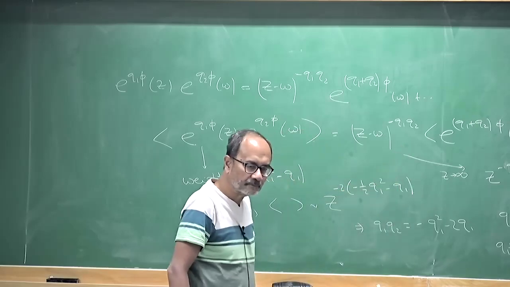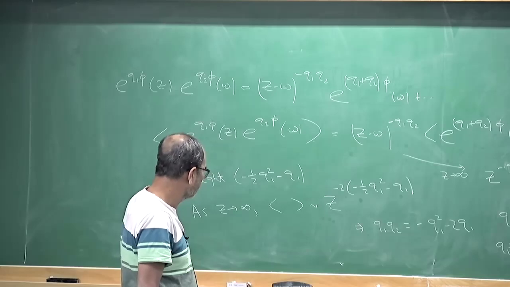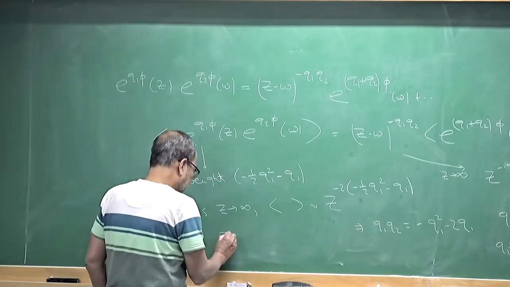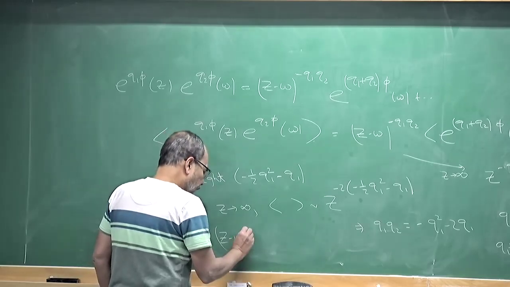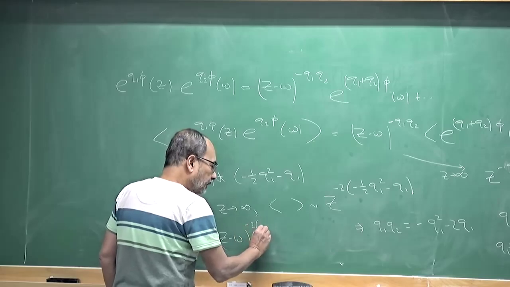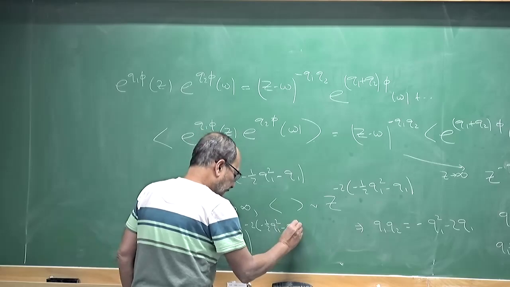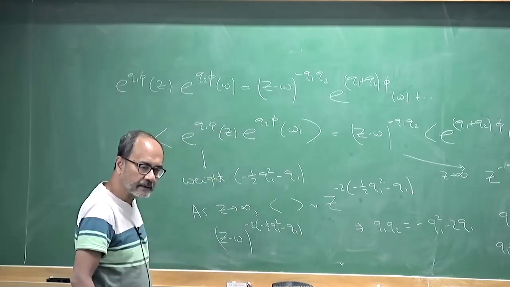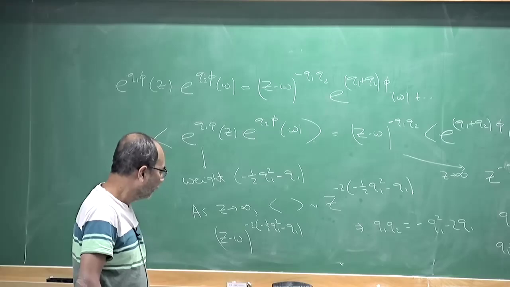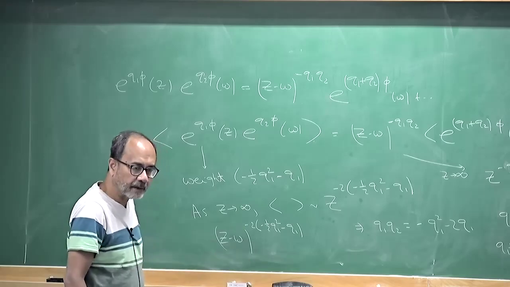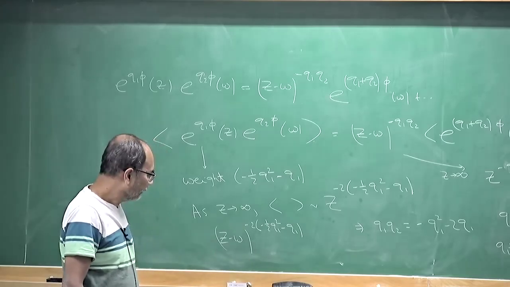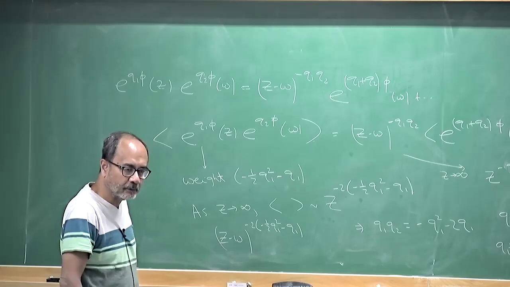A general 2-point function has the structure z minus w to the power minus 2 h1. No, not at large z, a 2-point function always has this structure. But q2 has the same dimension as q1.